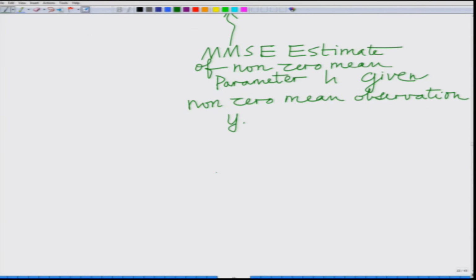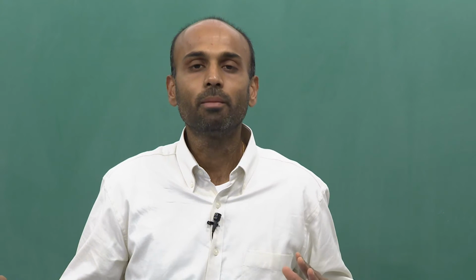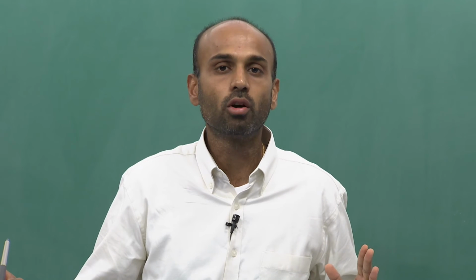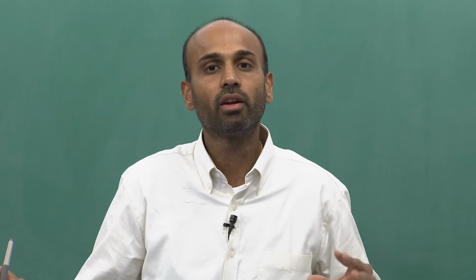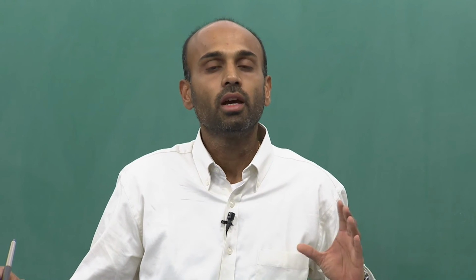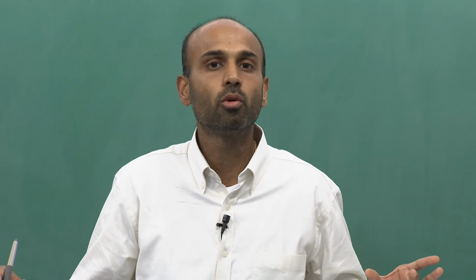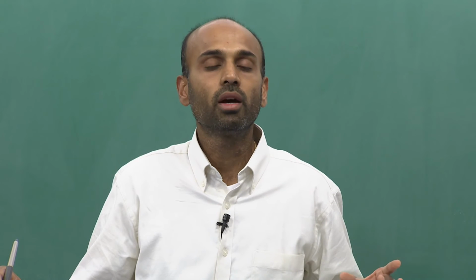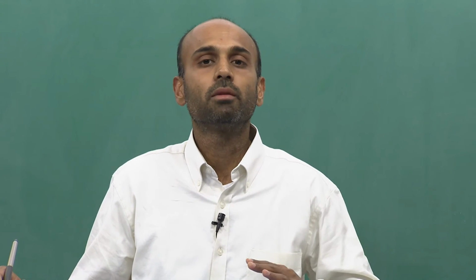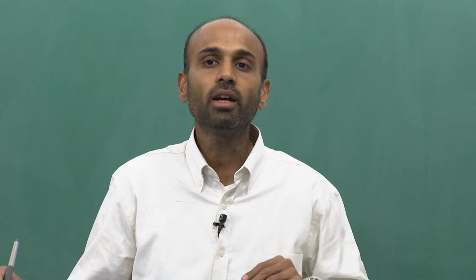So, previously we considered the parameter h and y to be both Gaussian and also zero mean. Now we have relaxed the zero mean assumption and said h and y are still jointly Gaussian. However, h has a non-zero mean mu h, y has a non-zero mean mu y, and in this scenario, what is the estimate of h given y? We have a simple expression.